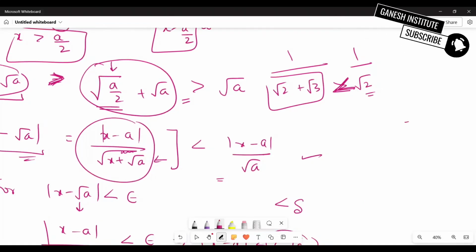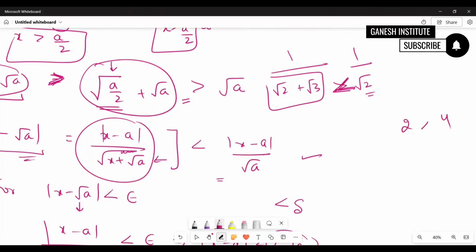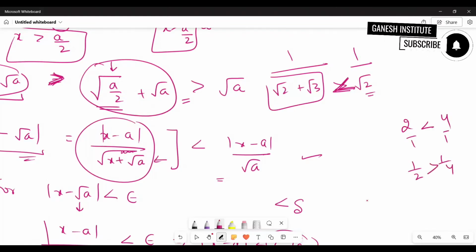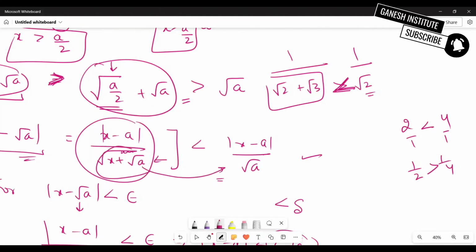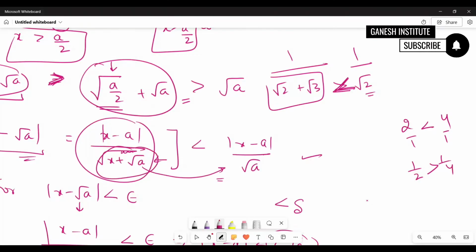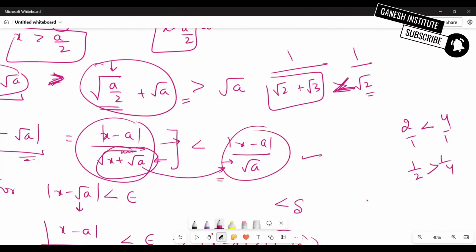If I have 2 and 4, I know 4 is greater. But as soon as I flip them, now I know 1 by 2 is greater, right? So if I have a bigger value in the denominator, the fraction which has the lesser denominator, keeping in mind that numerators are the same, that fraction will be greater, right?